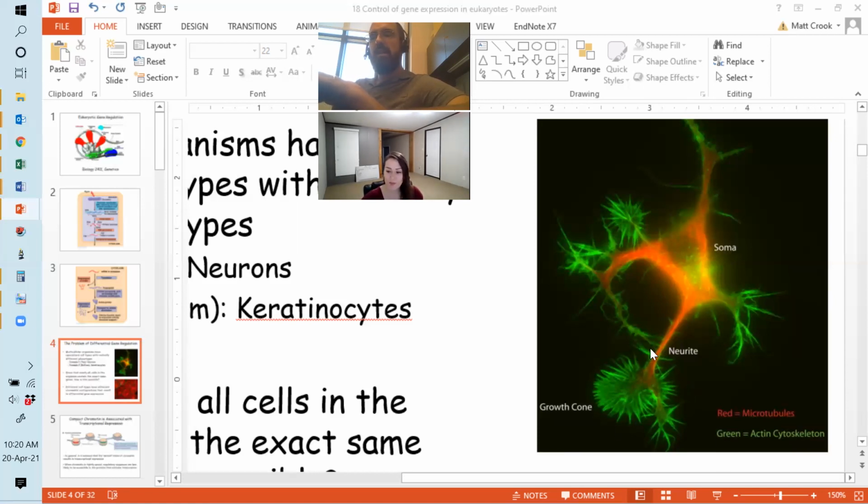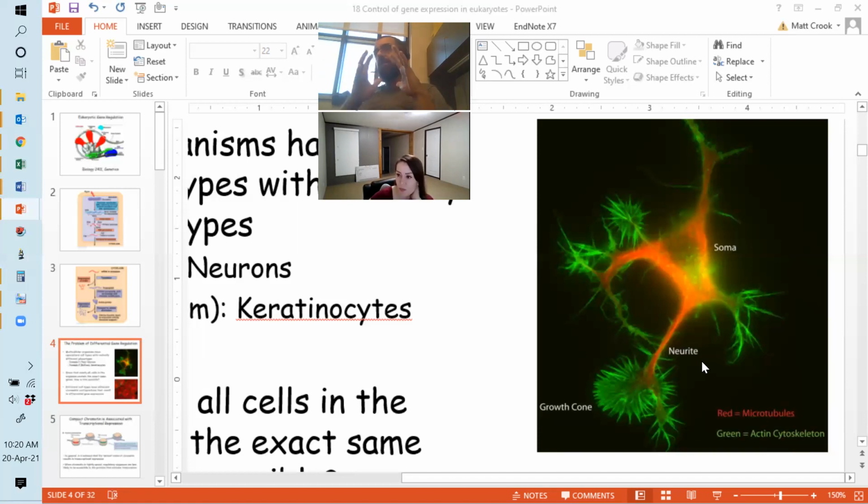And so this actin is used for moving the tip of the neurite, which could be a dendrite or an axon, out towards where it needs to go, right? Essentially it's very amoeboid-like, right? So you have this growth cone and it just kind of blobs out like that, and it's held out by the actin.